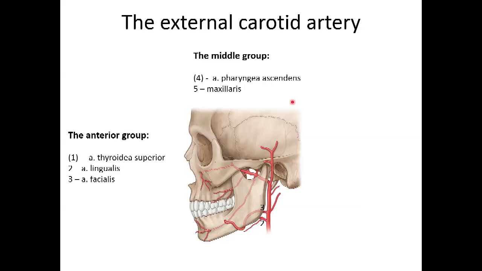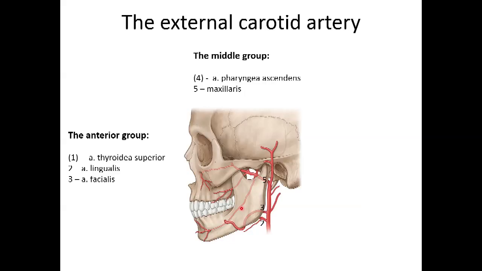And next, arteria maxillaris, number 5, arteria maxillaris. Here it is. How can we explain the location of arteria maxillaris? Arteria maxillaris is located posteriorly, or we can say medially, to the condylar process of the mandible. So it surrounds from medial side the condylar process of mandible.